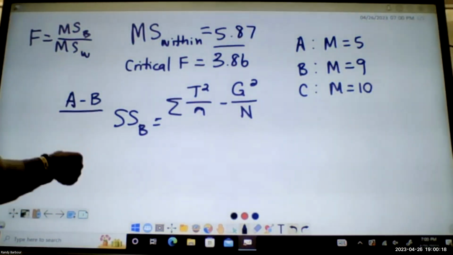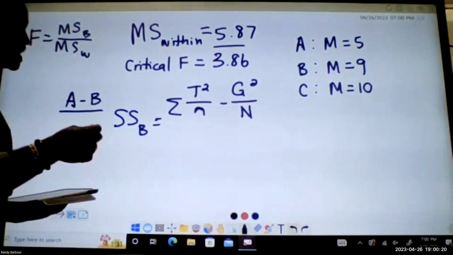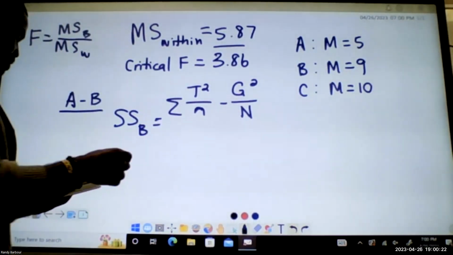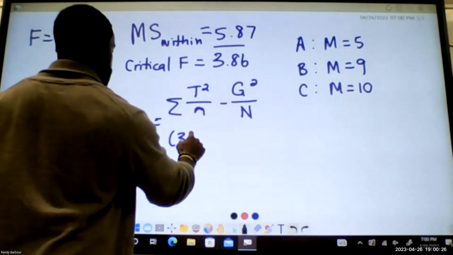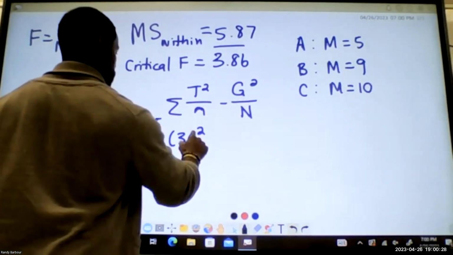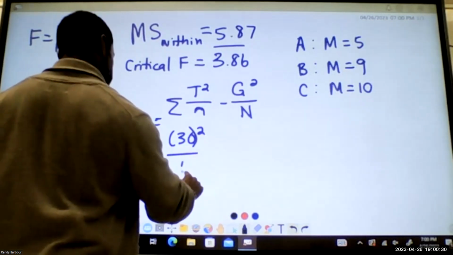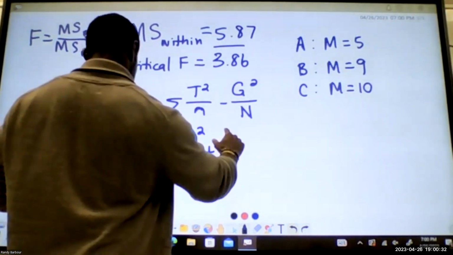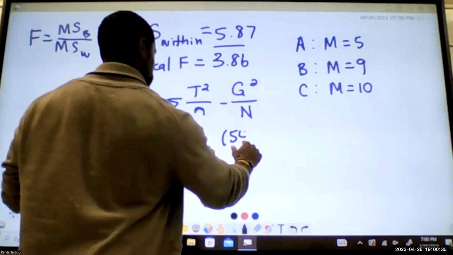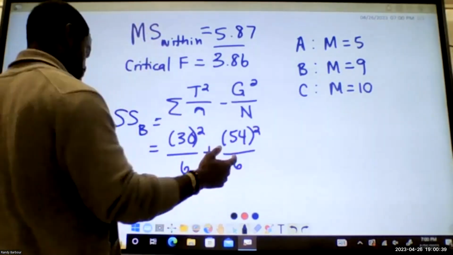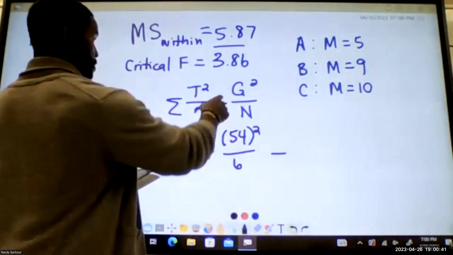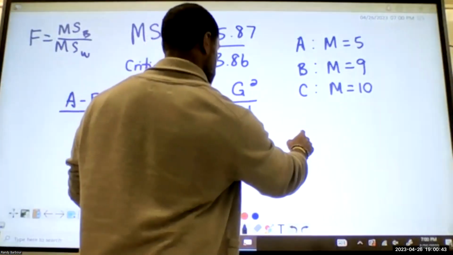Given all that, let's put numbers in. My T for this one was 30 squared over 6 plus 54 squared over 6. That's going to give me this minus G squared, where G is 84.